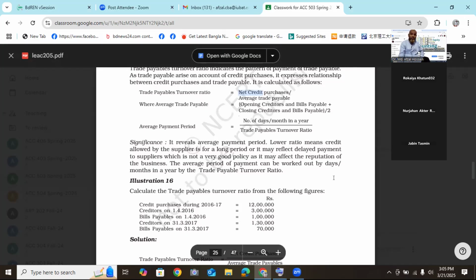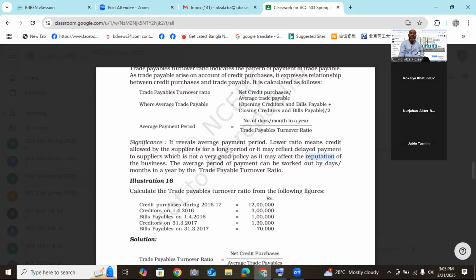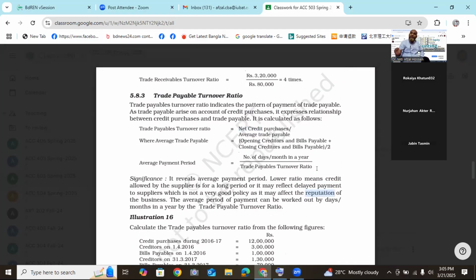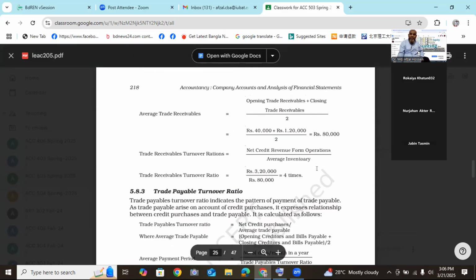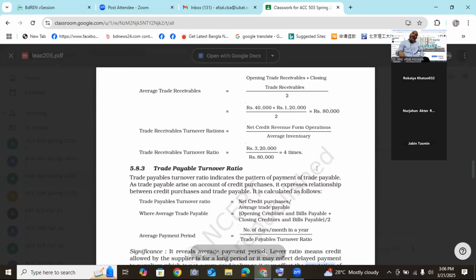I always say this, because if you pay delayed, or pay after a very long period, it is not good for you. You expect money from others, from the receivables, fast. At the same time, you have to pay the money fast.